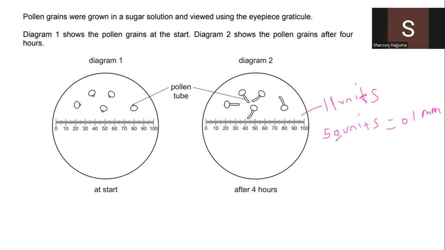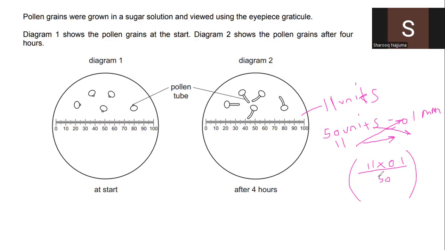So how about the 11 units? So you do the math. That is how you're going to cross multiply. So you're going to have 11 times 0.1 divided by 50.